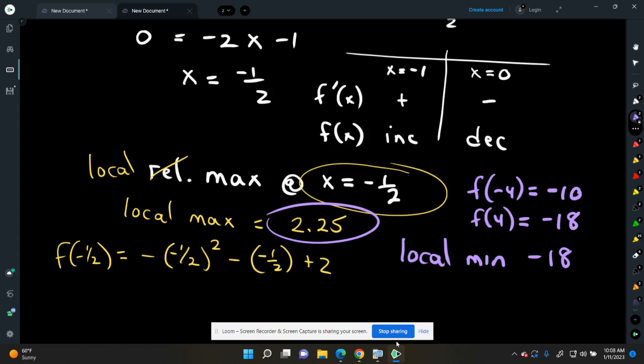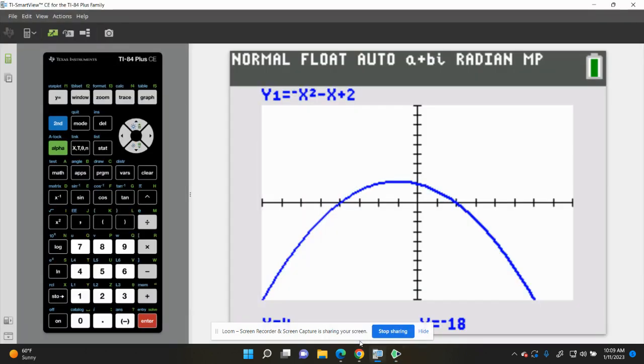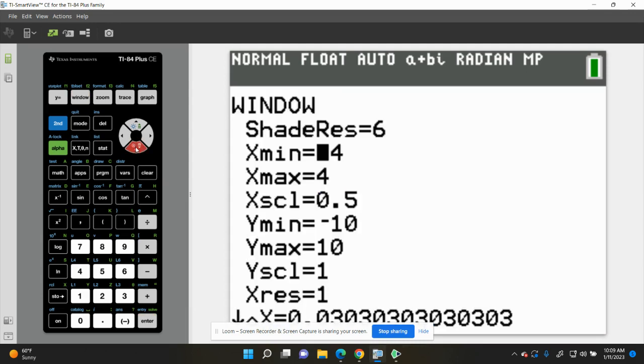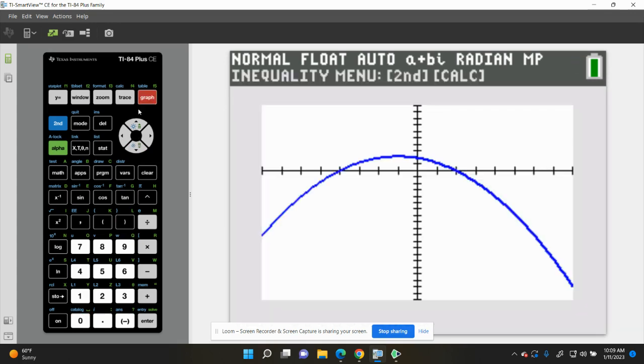That is the lowest point that that curve has. And we can see that on our calculator, right? At 4, it goes down to negative 20. That would technically be the absolute and the local. We haven't talked about absolute yet.